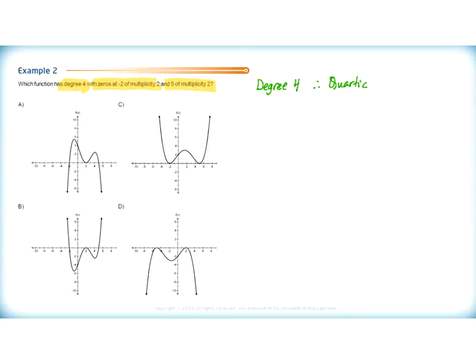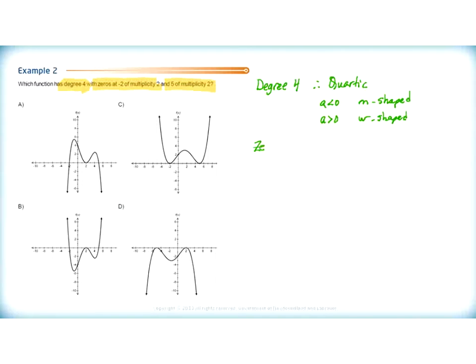And the quartic polynomial will be in the shape of an M if the leading coefficient is less than 0, just to review what we did in the previous presentations. And if a is greater than 0, we will have a W-shaped graph. So in all 4 cases, we have polynomial functions of degree 4.